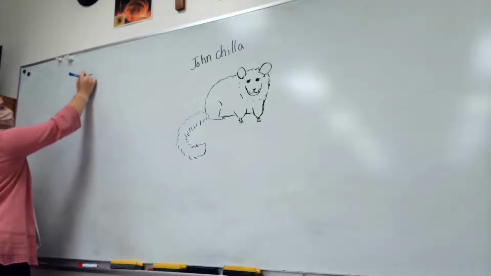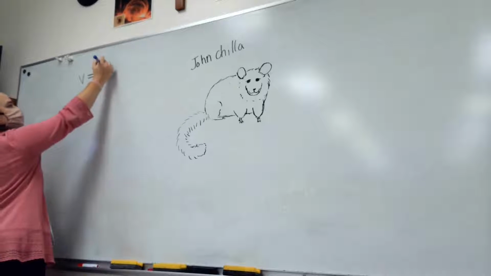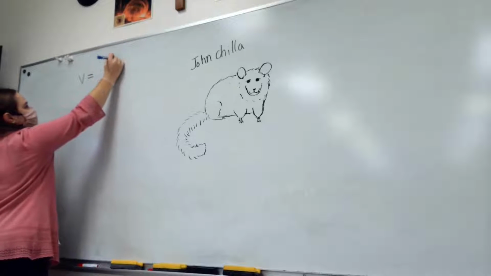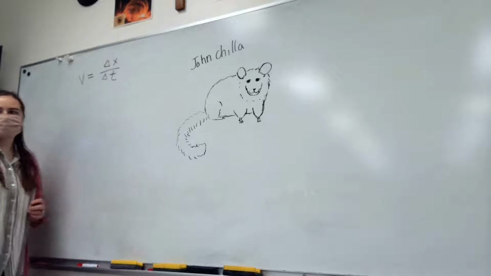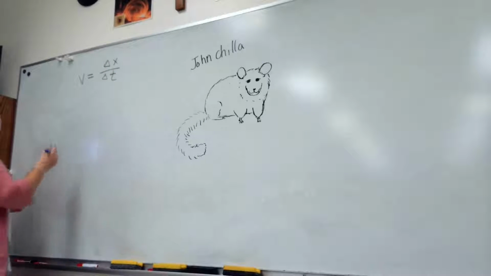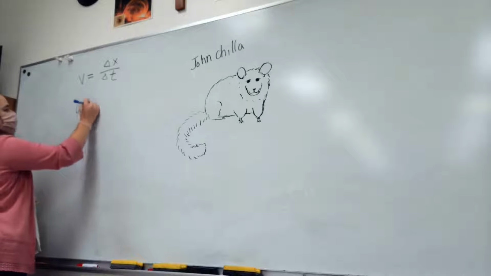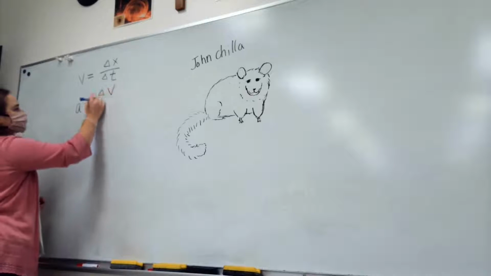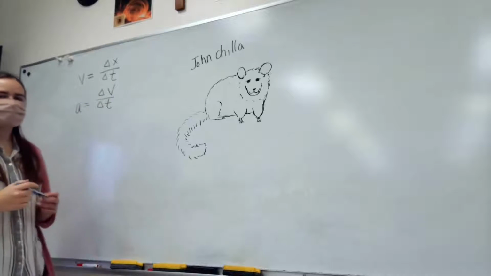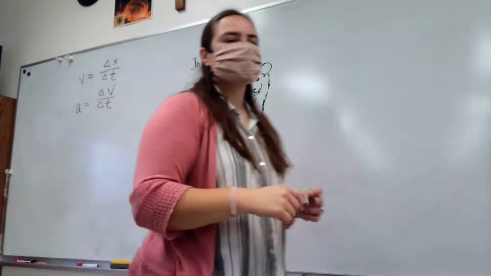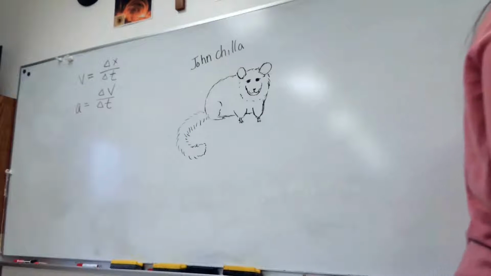So our velocity equation for average velocity was our change in position over our change in time. You guys remember this? Okay. Then our acceleration equation is our change in velocity over our change in time. Okay. So both of them look fairly similar because they're both over your change in time.